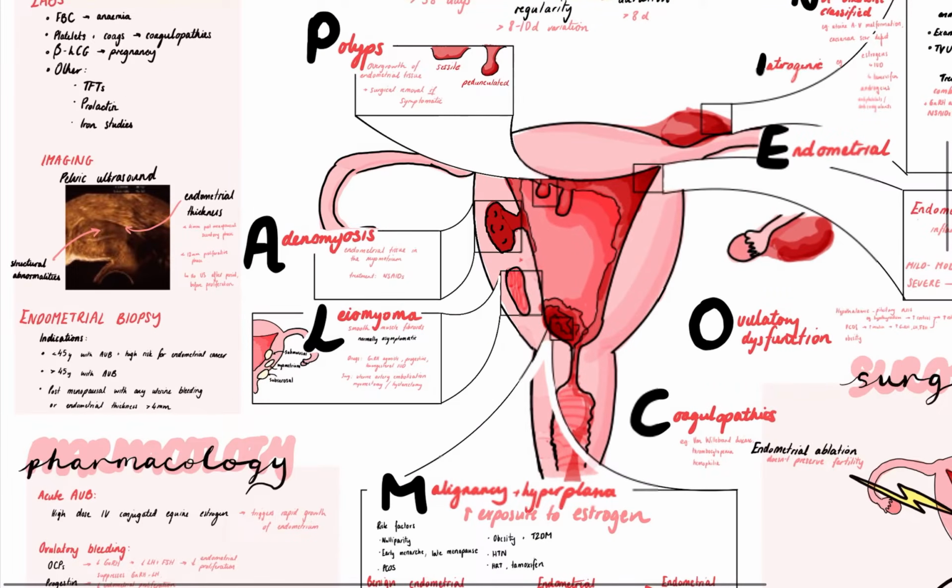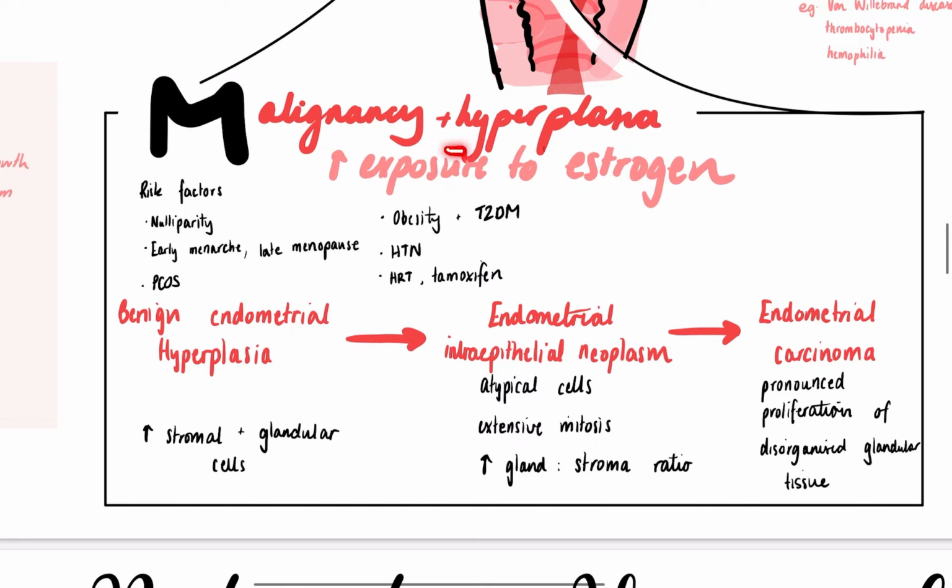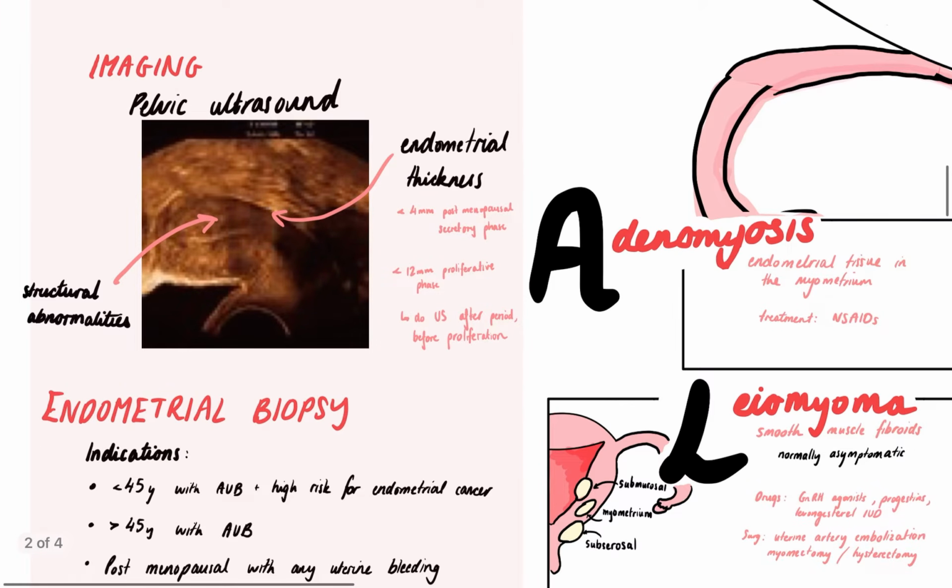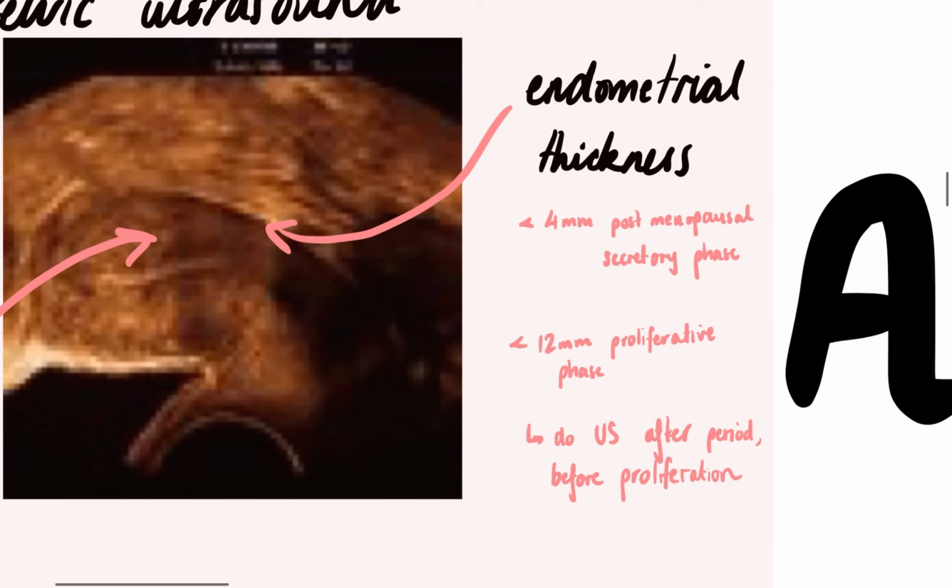And in the ultrasound, we can also look at endometrial thickness. So this is very important because this tells us whether or not there might be the chance of malignancy or hyperplasia. And the parameters that are used is that the endometrial stripe, which is this area here, should be less than 4 millimeters in postmenopausal women, during the secretory phase, or less than 12 millimeters during the proliferative phase.